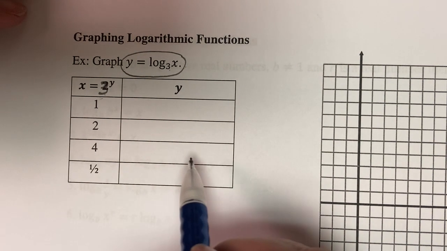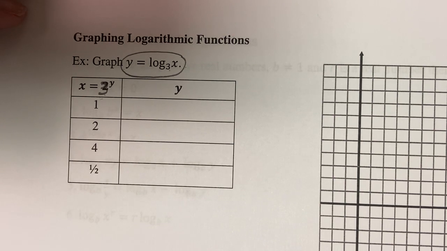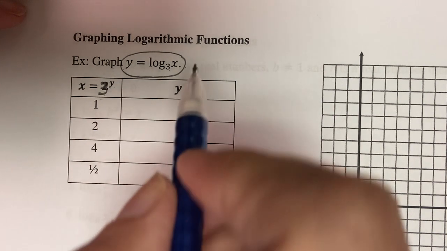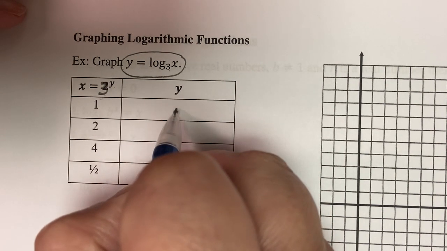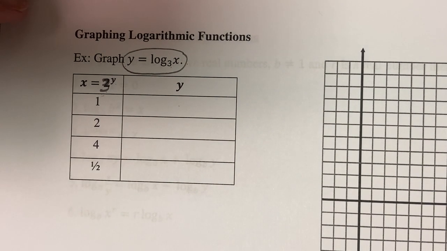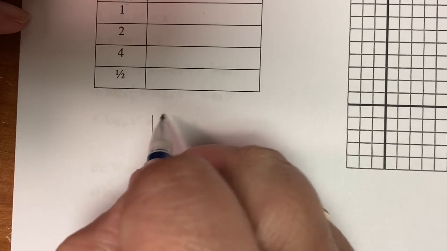So now here's the deal. We are going to plug things in for y. Oh, I'm not liking the way that this looks either. You know what? We're going to do a whole other chart. Bear with me. So we're going to make our own chart.